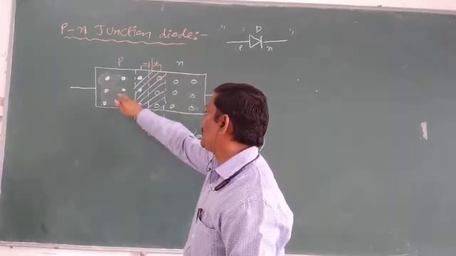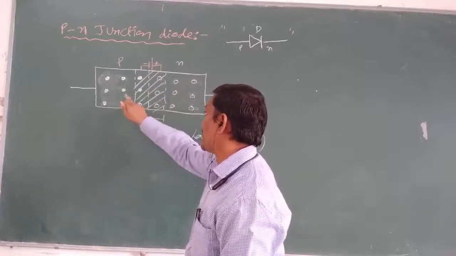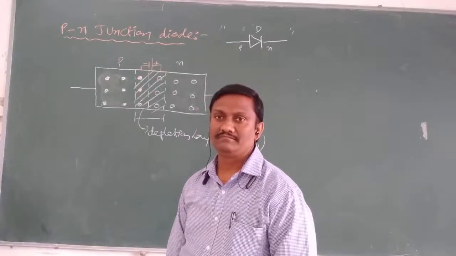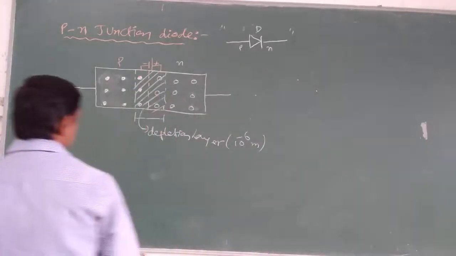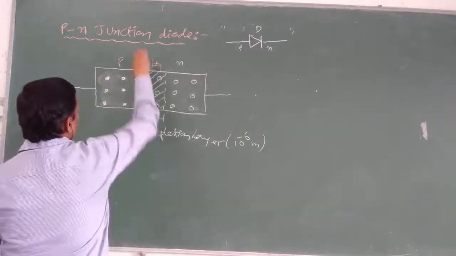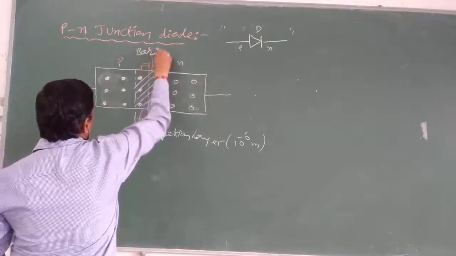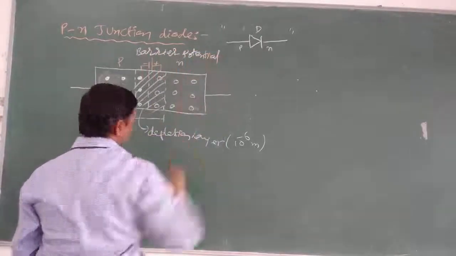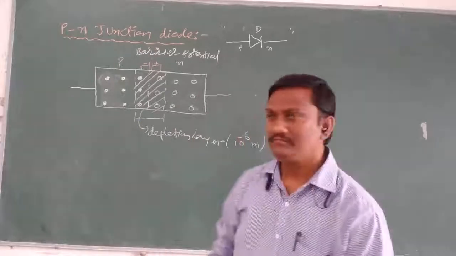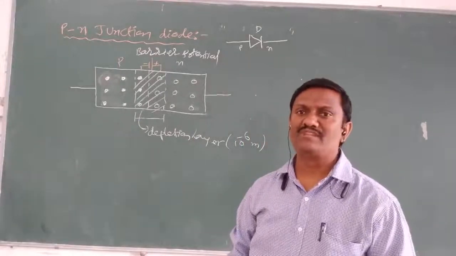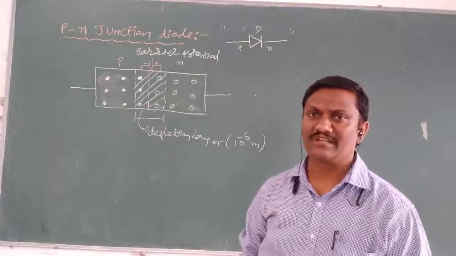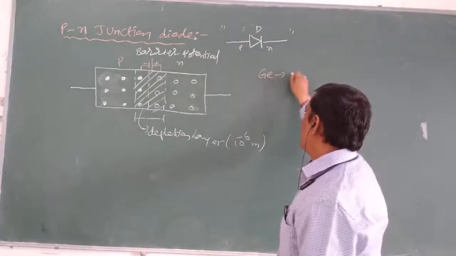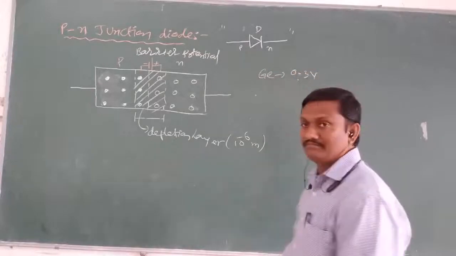If any carriers are crossing from one region to another region, compulsorily those carriers must have minimum potential or minimum energy. So that potential inside the depletion layer is called the barrier potential. Barrier potential varies from one semiconducting material to another. For example, for a germanium diode the barrier potential is 0.3 volts.